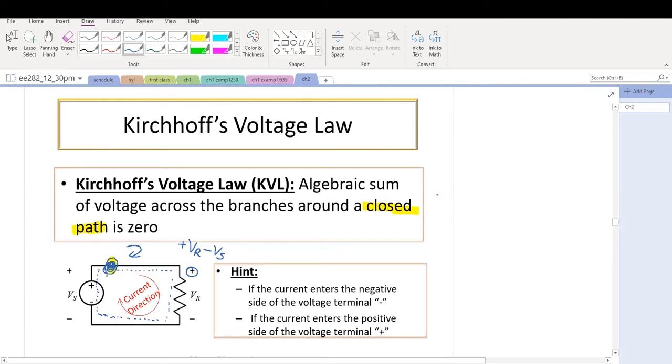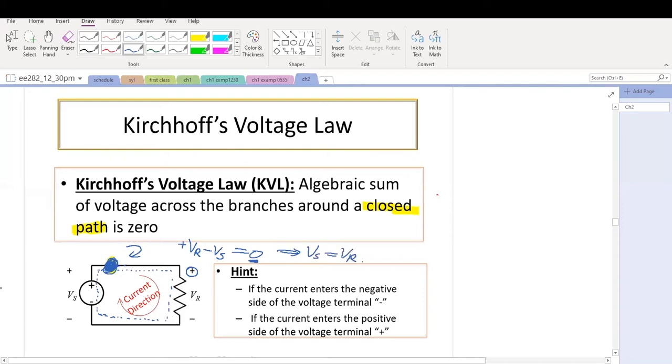So my loop is finished. Remember, the voltage difference at the same point is 0. Therefore, we have VR minus Vs equals 0, so Vs equals VR.